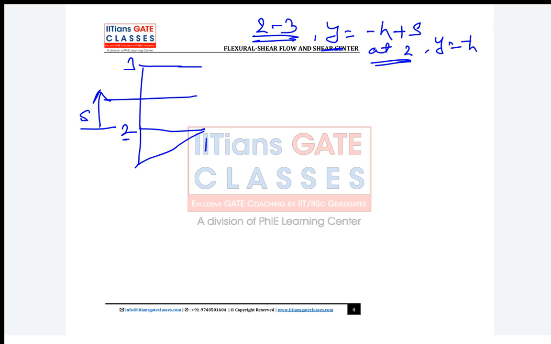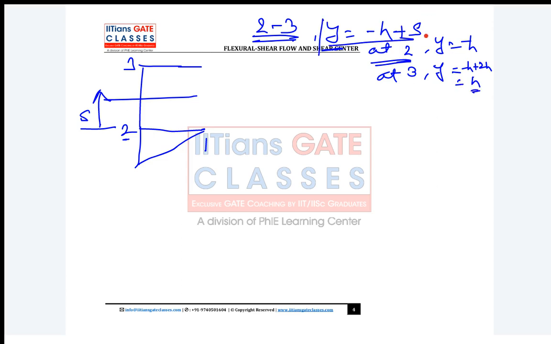At point 3, y should be h. So substituting, minus h plus 2h gives h. This will be the variation.